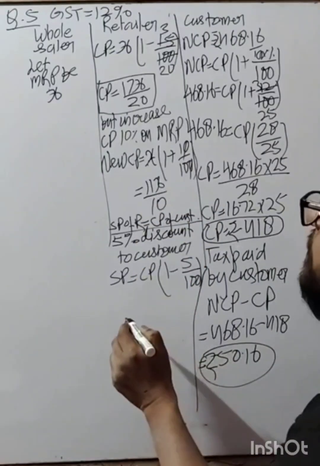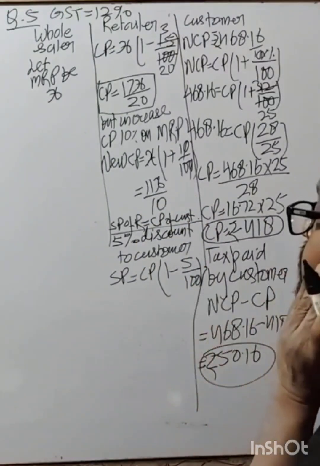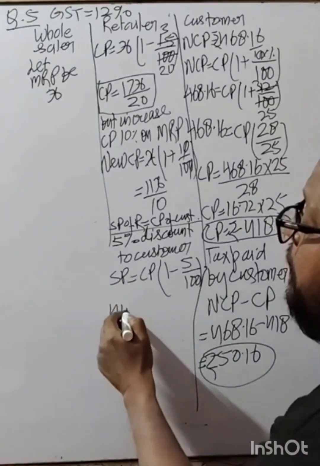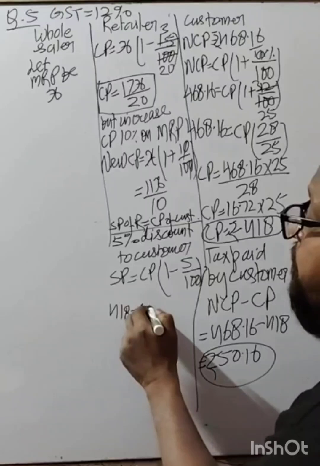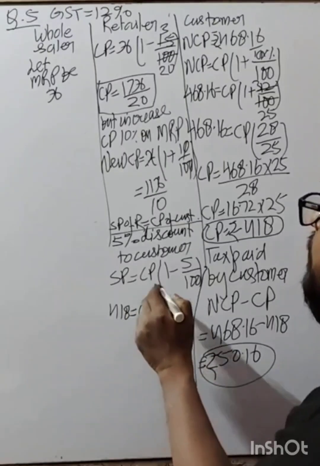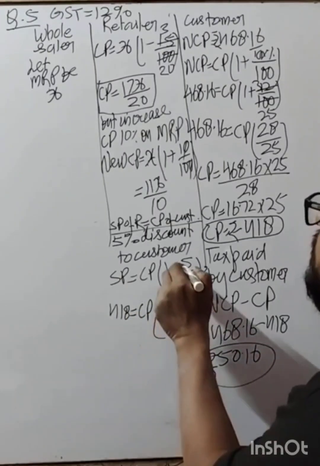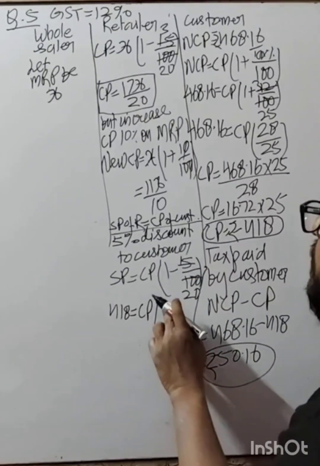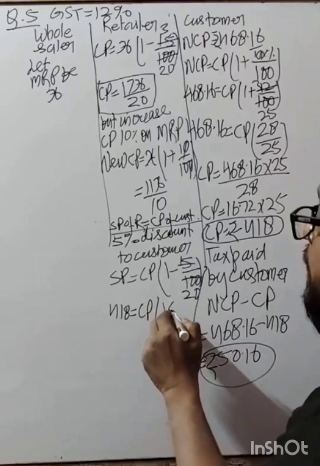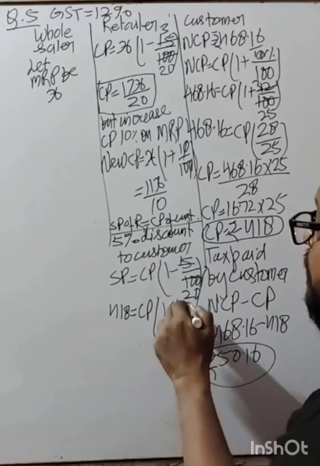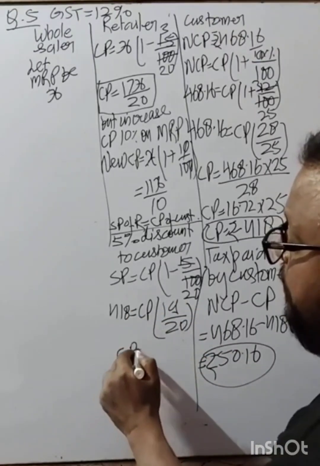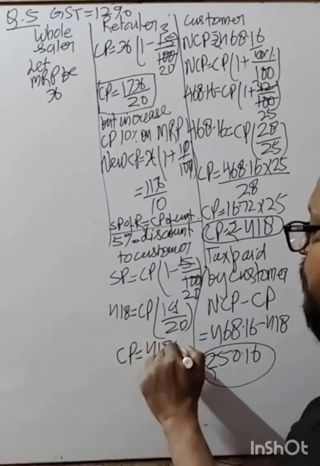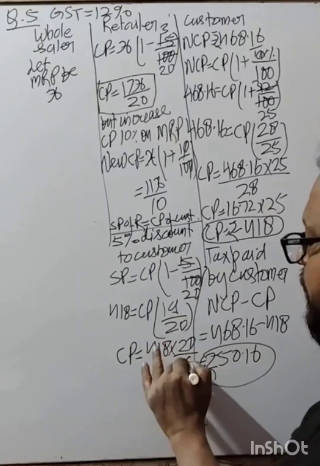So we get SP, how much? That is 418 is equal to CP times bracket 1 minus 1 upon 20, right? So it is 19 upon 20. So CP is equal to 418 into 20 upon 19.